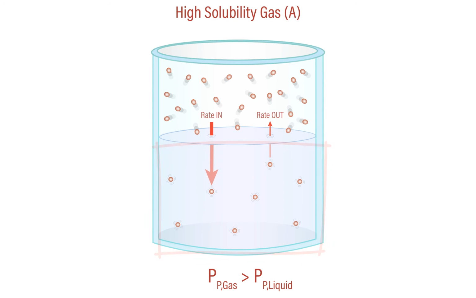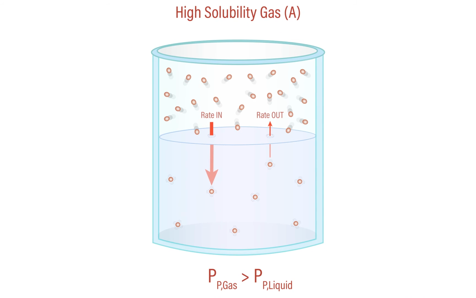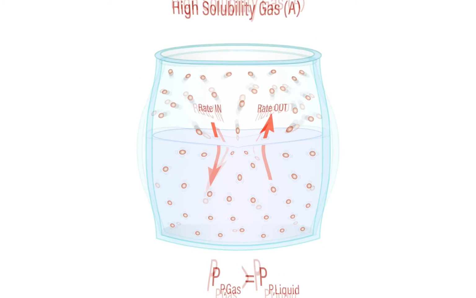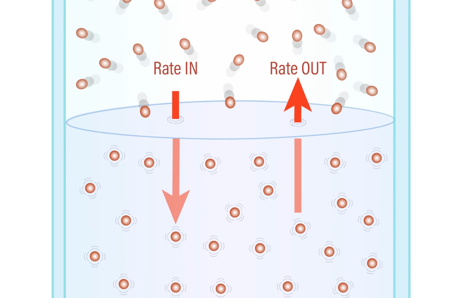As the gases begin to accumulate in the liquid phase, this produces a small rate out. If we assume the concentration in the liquid phase to be relatively low, then we could expect the rate in to exceed the rate out. Therefore, we still have net movement of gases into the liquid phase. This causes a further increase in the concentration of the dissolved gases in the liquid phase, further increasing the rate out, and eventually we'll reach a condition where the concentration of dissolved gases in the liquid is high enough to produce a rate out that is equal and opposite to the rate in.